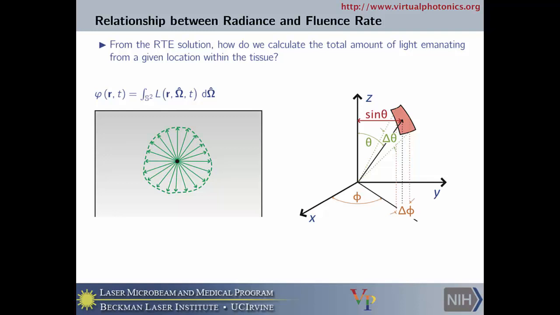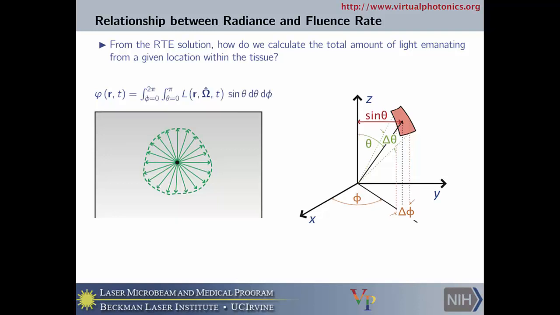So since the radiance varies with omega, we need to do an integral of the radiance for each infinitesimal surface area along the unit sphere. The way that you can decompose d omega is using spherical coordinates. You think of this infinitesimal patch on the unit sphere.